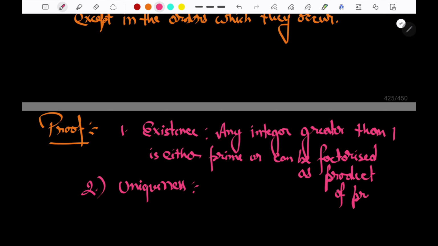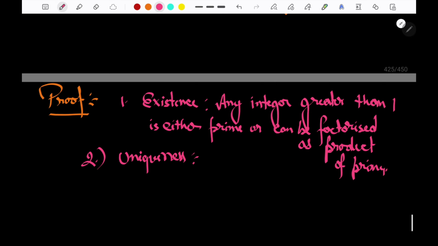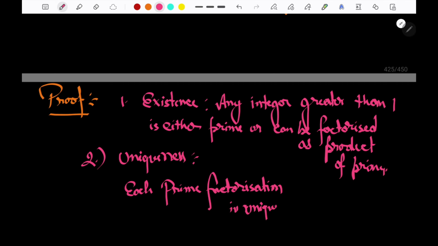And what is the second thing? That is uniqueness. What do we mean by uniqueness? I said that each prime factorization is unique except for the order. Leave aside the order and everything is fine. So there are two things that we are required to do: first, existence, and second, uniqueness.